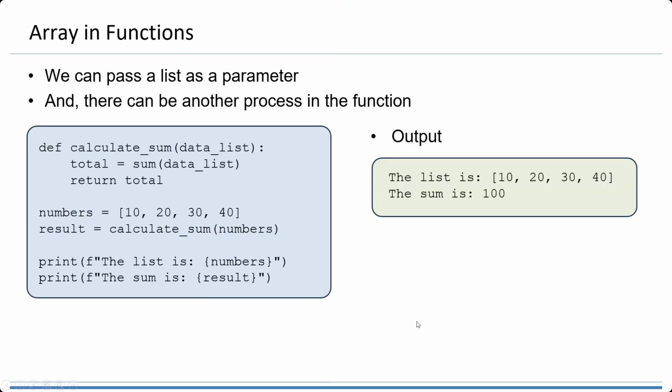Now, we can deal with this kind of loop, and then we can do some kind of process inside a function. A process inside the function means, for example, we can pass a list as a parameter, and there can be a process inside the function.